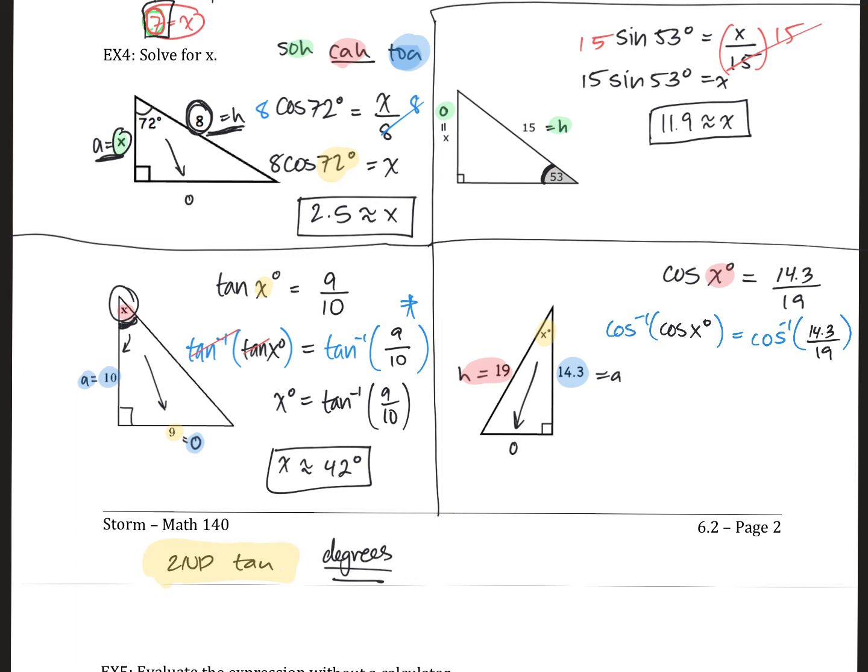When we do that, we'll go ahead and use the cancellation property, checking that this is in our domain. And then x degrees is going to equal cosine inverse of 14.3 over 19. Alright, plugging that into our calculator, we get that x is approximately 41 degrees.